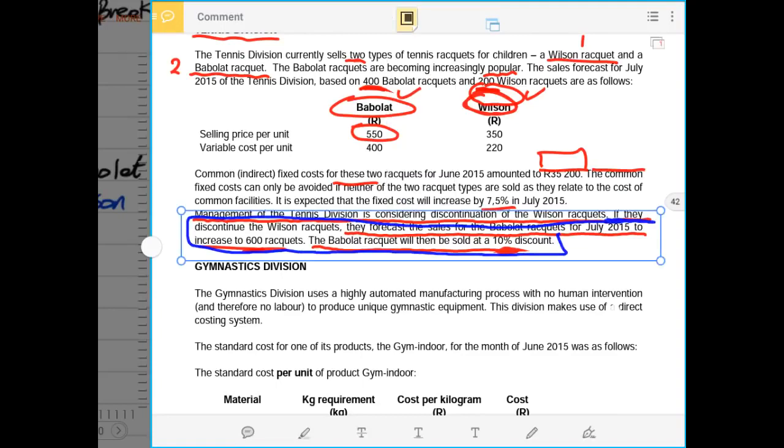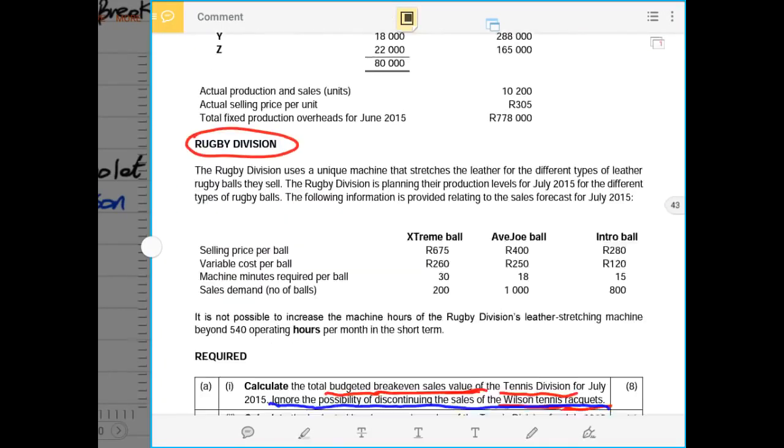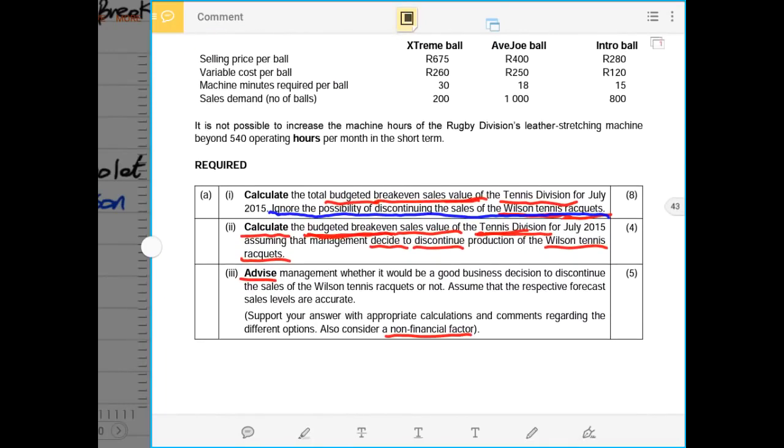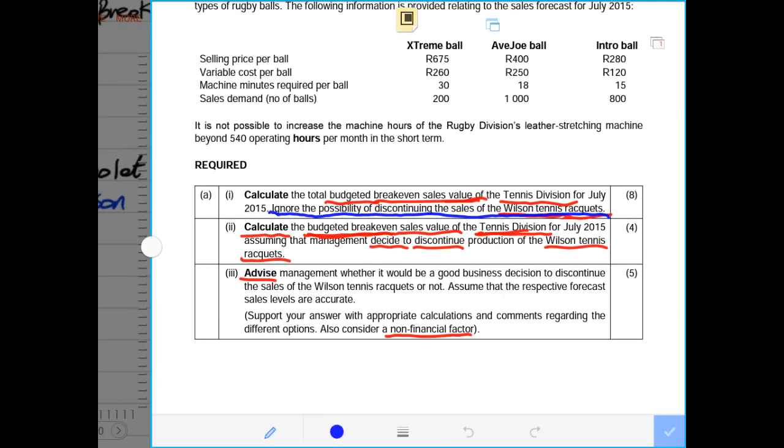So now I have responded to the first requirement. Therefore in the second requirement, they said I must calculate the budgeted break-even sales value of the Tennis division for July 2015, assuming that management has decided to discontinue the production of the Wilson product.